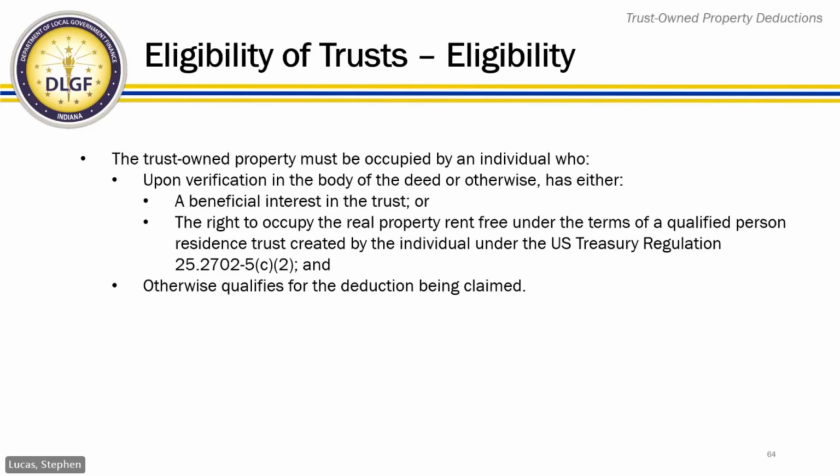So to receive a deduction, the trust-owned property must be occupied by an individual who is either a beneficiary to the trust or has a right to occupy rent-free under the terms of a qualified personal residence trust created by the U.S. Treasury regulations. The individual must also qualify for the deduction being claimed, except of course for the ownership part, because the trust is the one that owns the property. Next.